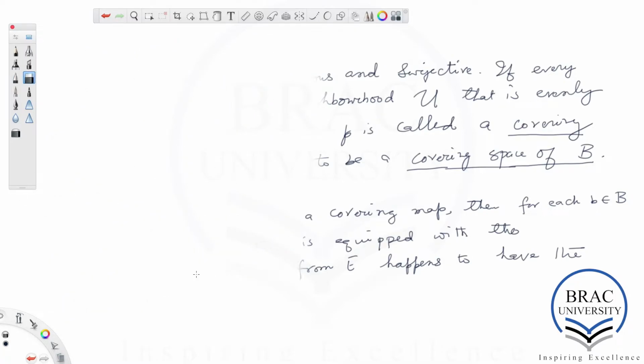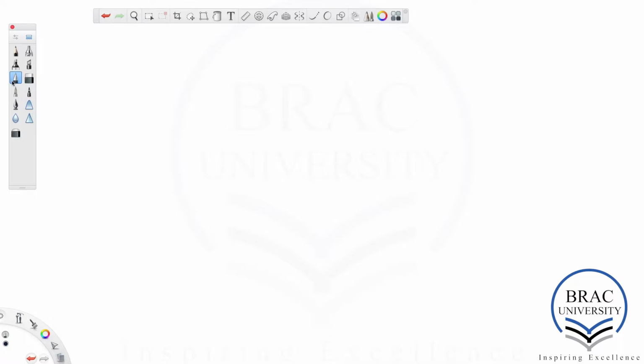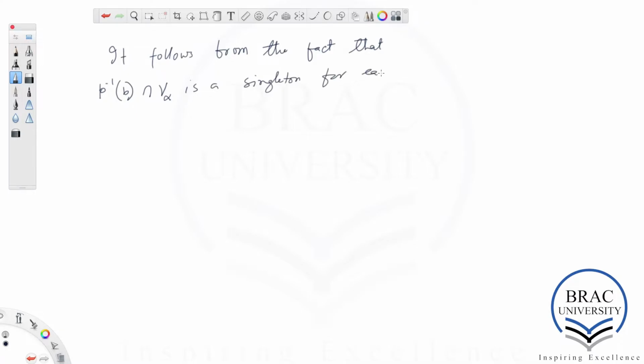Let me erase everything. It actually follows from the fact that P inverse b intersected with V alpha is a singleton for each alpha in J. Let us prove it by contradiction, which means that we assume the contrary.